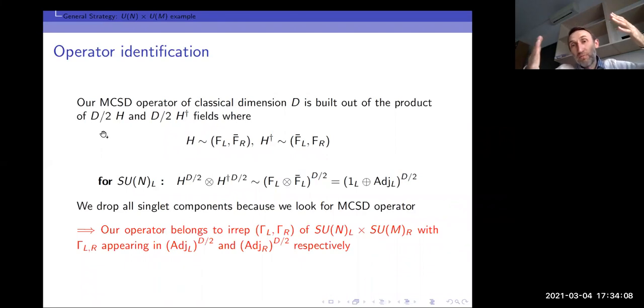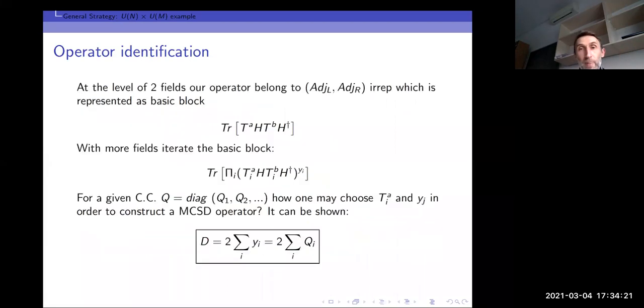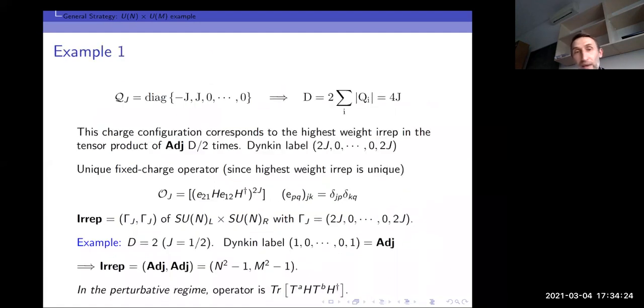Basically, what is the classical dimension of the operator? As you increase the classical dimension, you have to take more and more products of adjoints, and inside this product of adjoints, you should be looking for your operator. It's always there.